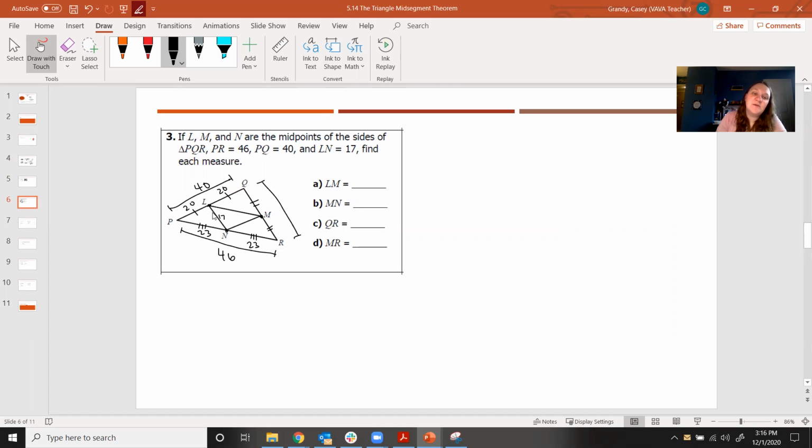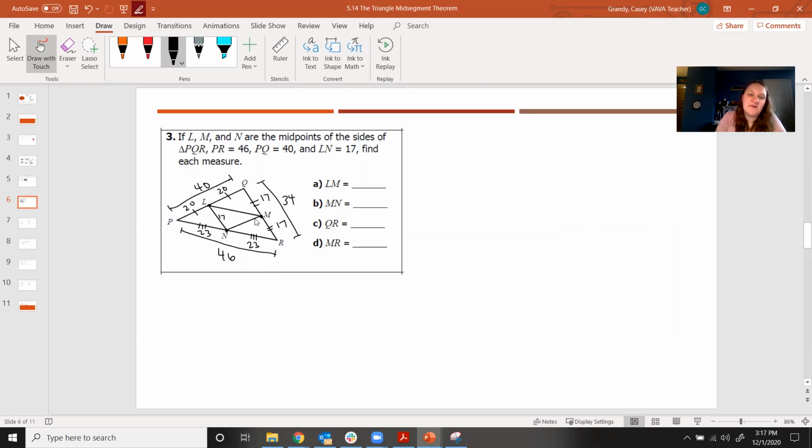The length of the midsegment is half of the side it's parallel to. So 17 is half of what number? Or in other words, 17 times 2. Well, 17 times 2 is 34. So the length of QR is 34. And QM will have to be 17, and MR will have to be 17.